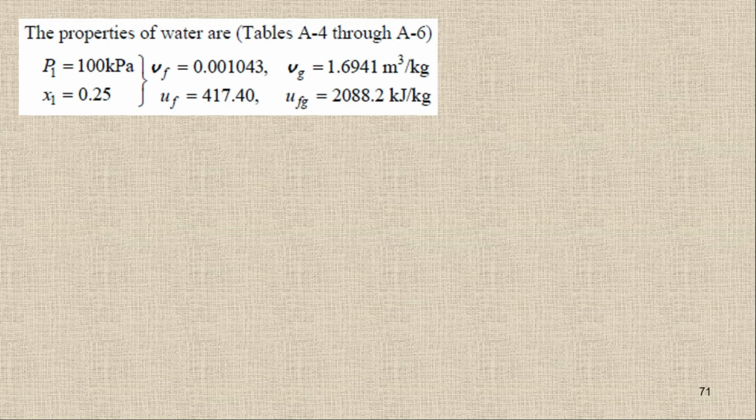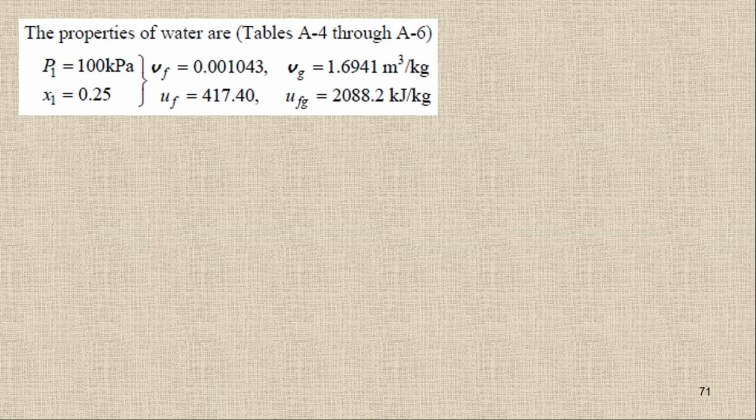So at 100 kilopascal, we are going to check the VF value, the volume at saturated liquid, the VG value, the volume at the saturated vapor line. Then we are going to check UF and UG as well. Normally, on the steam table, you will not find VFG.